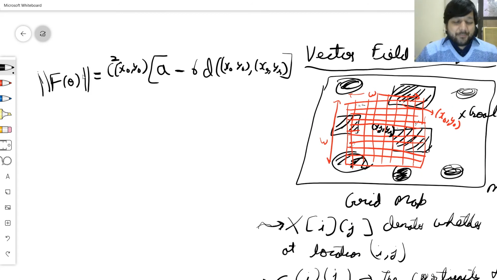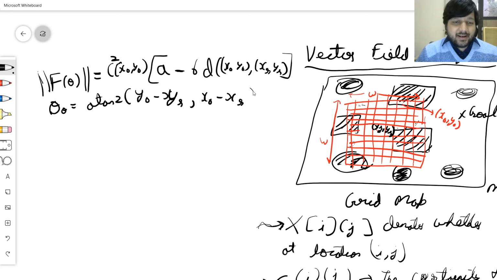So that's my magnitude of the force, and my direction of the force theta O is atan2 of (Y0 minus YR, X0 minus XR). That's the direction of the force. That's the slope of the line. So this is theta 0.